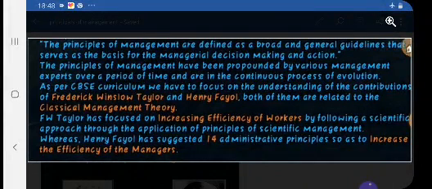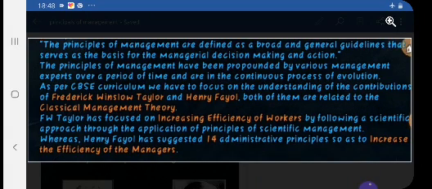As we have already discussed, the nature of management is an art, so it depends upon the creativity of the manager how these guidelines are to be followed in various situations. The principles of management have been propounded by various management experts over a period of time.